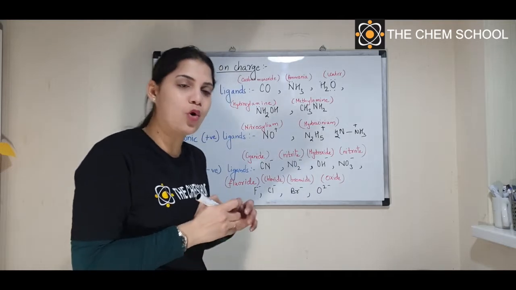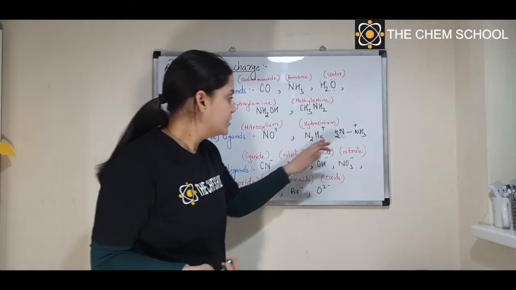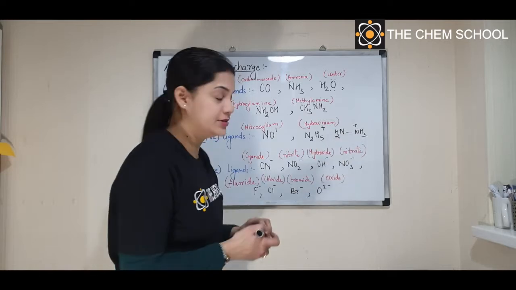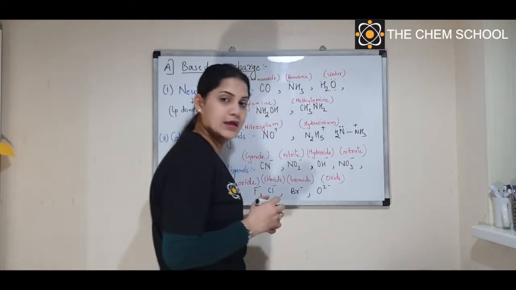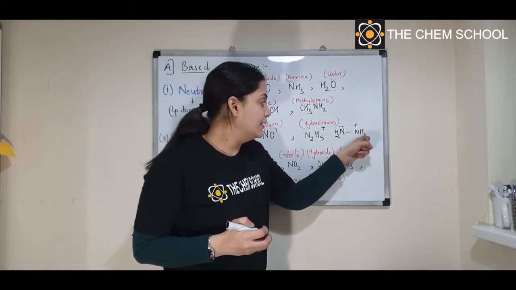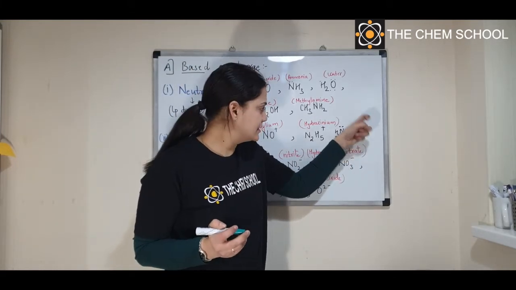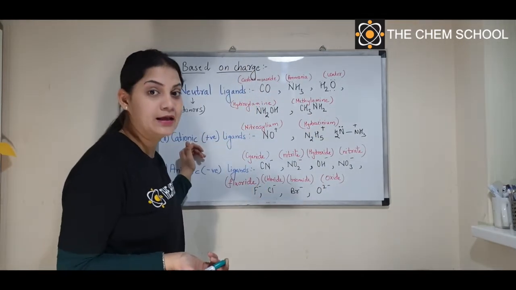The nitrogen has already donated the pair of electrons, so it cannot behave as a donor anymore. So the other nitrogen which is adjacent will behave as a donor. Is this clear? Fine. So here this nitrogen will donate a pair of electrons while this cannot, but because this entire molecule is having a positive charge, therefore it is going to be a cationic ligand.